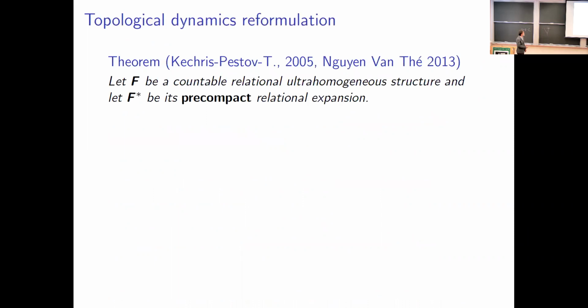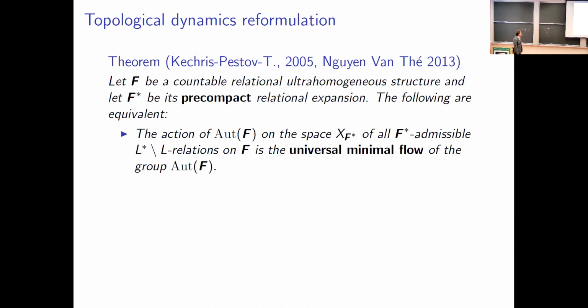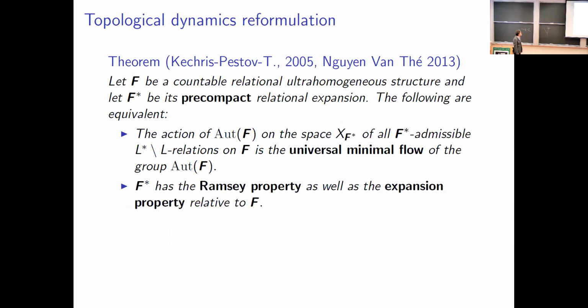And here is the topological dynamics reformulation, which I mentioned last time for the random graph. If you take a precompact expansion, the action on the space of all such is the universal minimal flow if and only if this expansion has the Ramsey property and expansion property. So you are capturing the finite Ramsey degree: if you have a finite Ramsey degree, you have a universal minimal flow of that sort. One of the interesting things here is that this universal minimal flow is metrizable.